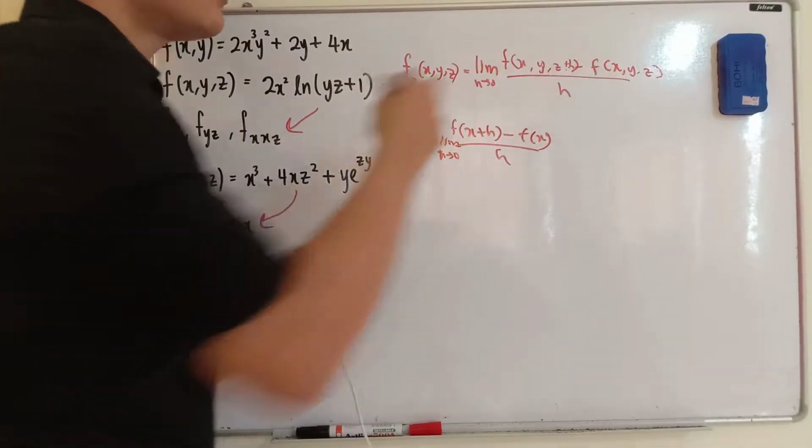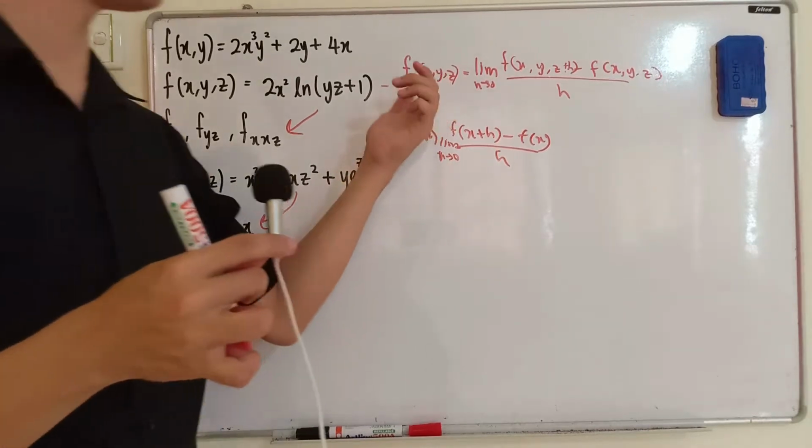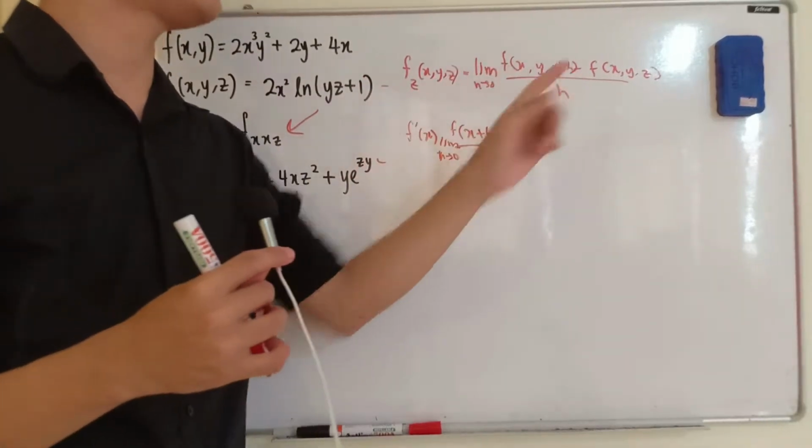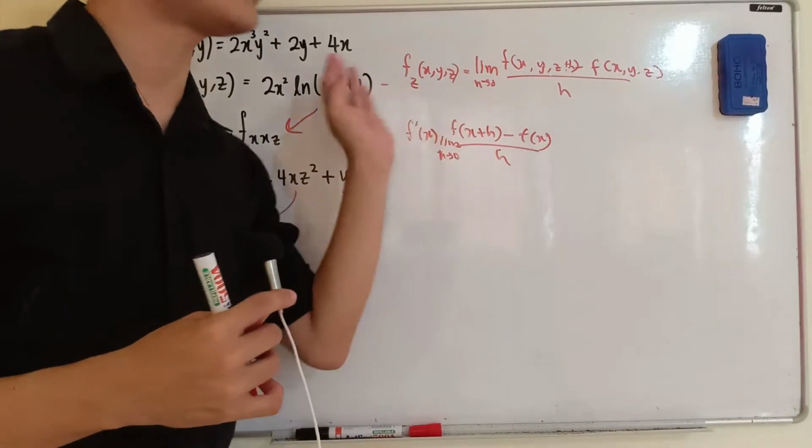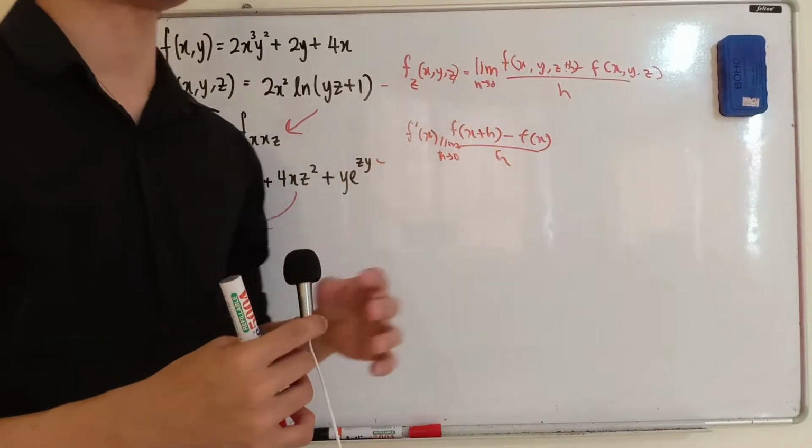I just plus h to the variable that I differentiate with respect to. If I respect to z, I plus h to the z. If I respect to y, this means y plus h. If I respect to x, this means x plus h.